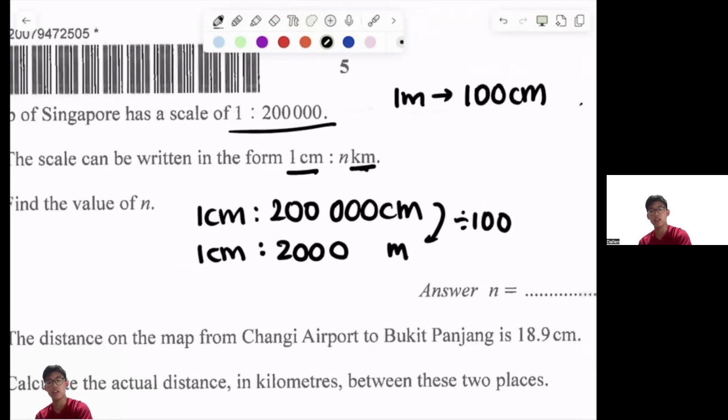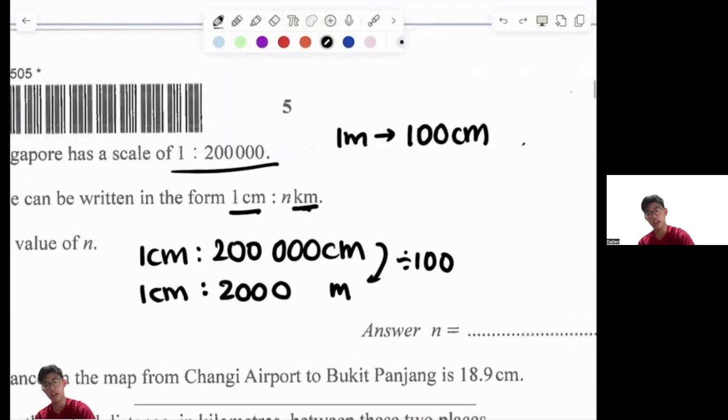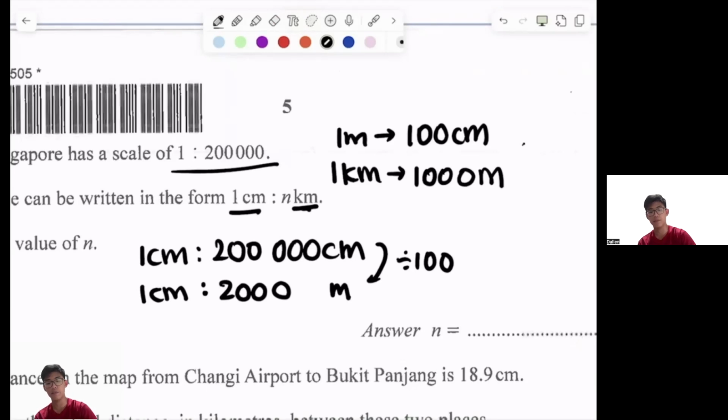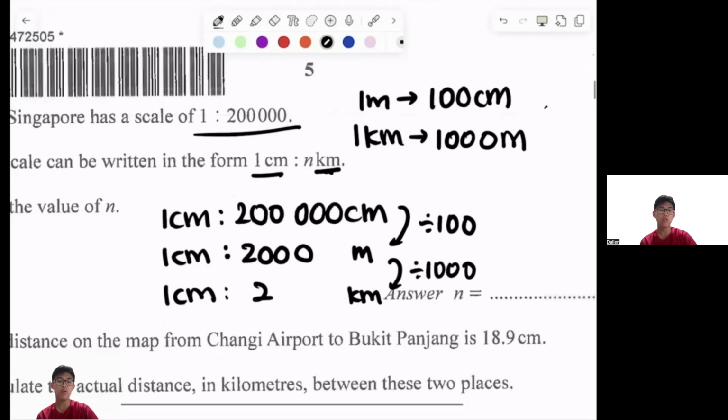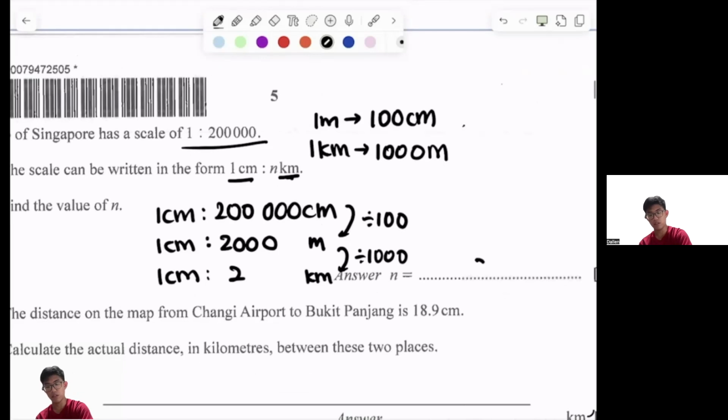If you do physics, you would know this, or basic math. And you also know 1 kilometer is 1,000 meters. So from meters to kilometers, you cut off 3 zeros, so your answer is 2.